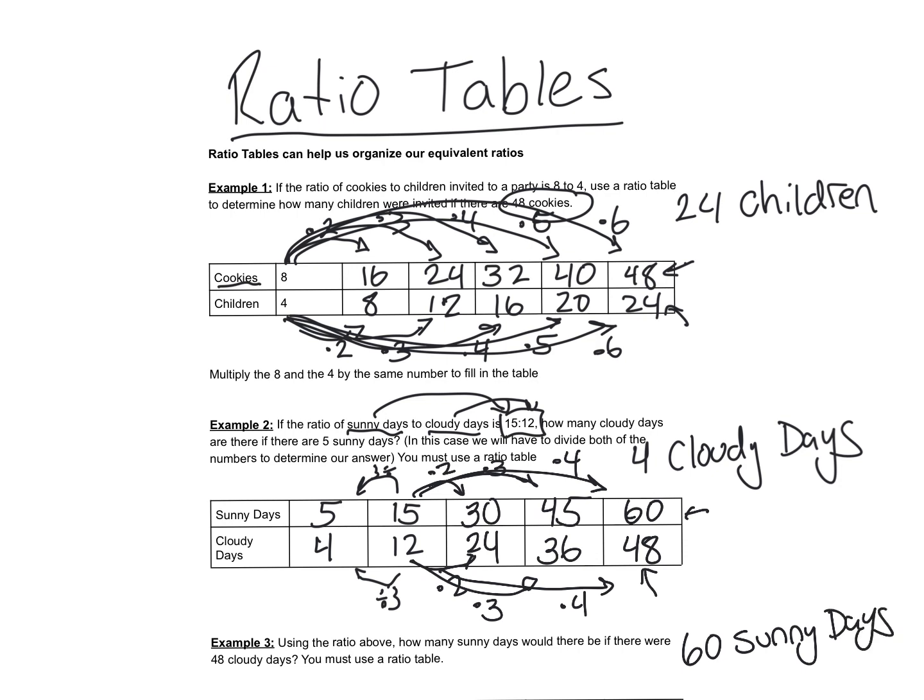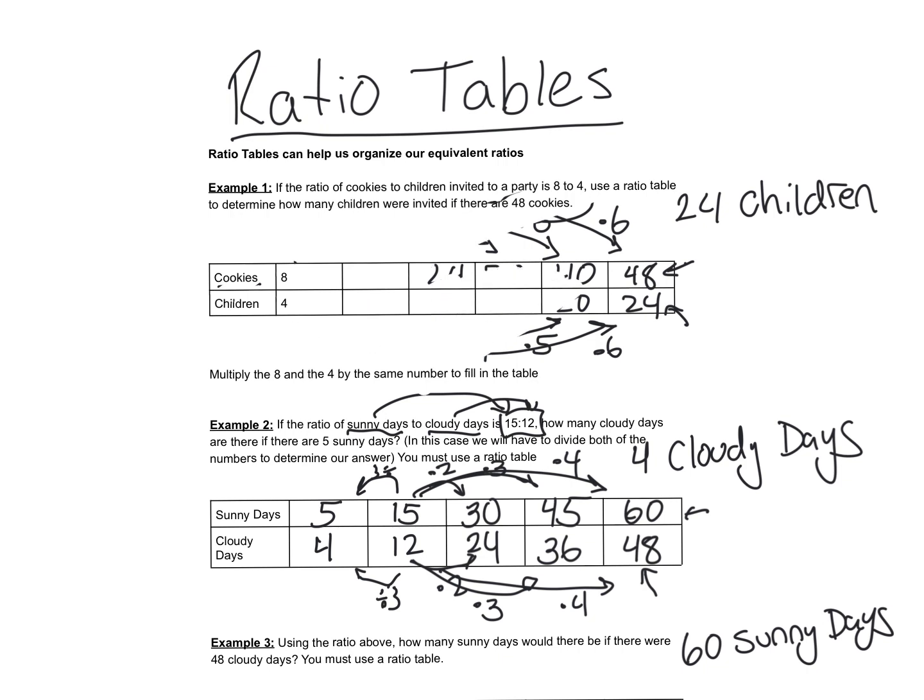Okay. So those are ratio tables, and we can fill them out holistically like this. But sometimes what we'll also see, I'm going to do some erasing here. Sometimes our ratio tables will be partially filled in.